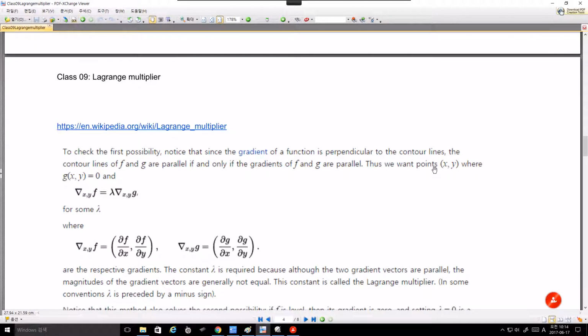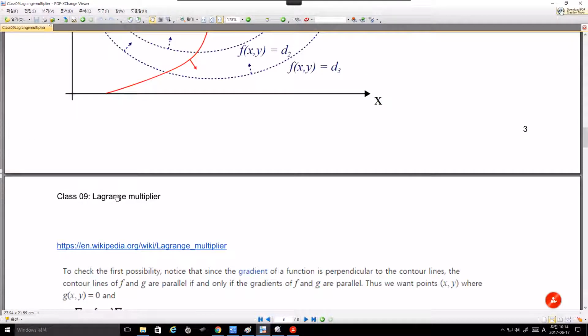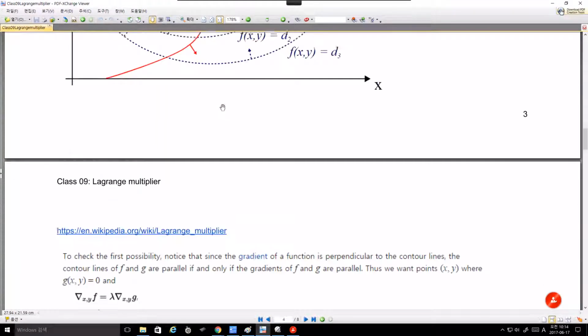Thus, we want to find the point (x, y) where g(x, y) = 0, which is the constraint, and the gradient of f is in the same direction as the gradient of g, that is, ∇f = λ∇g for some λ. Here in this case, lambda would be negative.